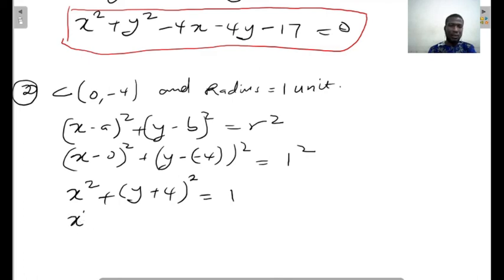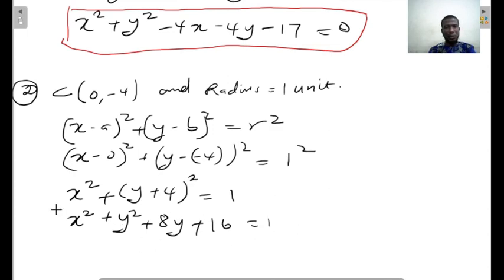And this will give us x squared plus, using binomial expansion, you are going to have y squared plus 8y plus 16 equals 1.